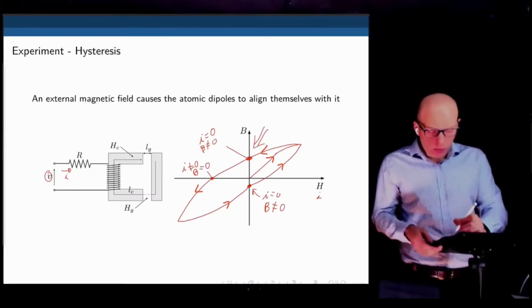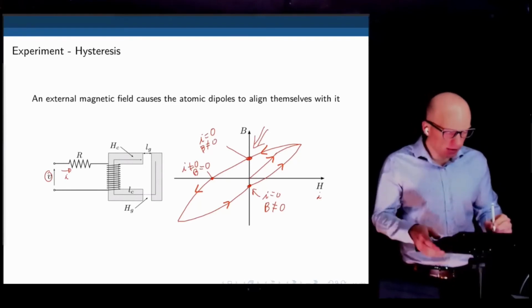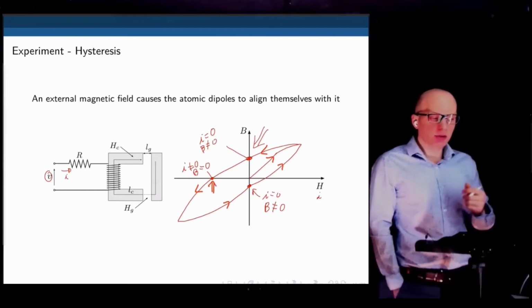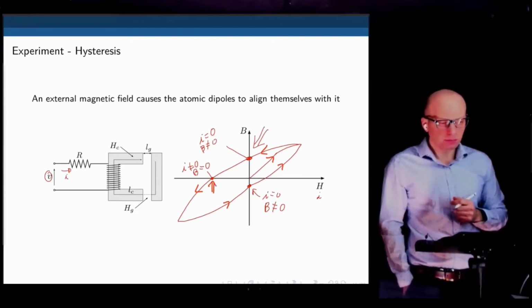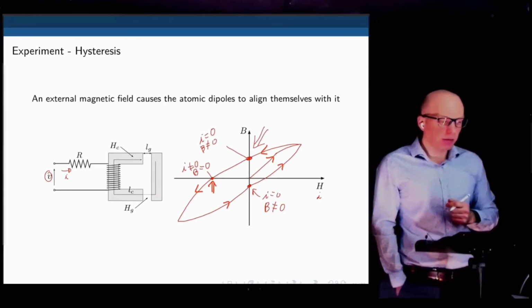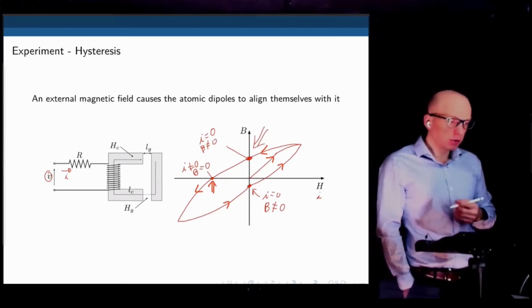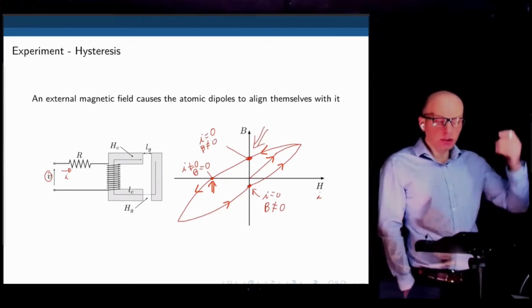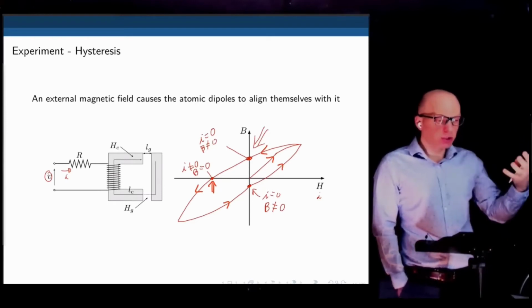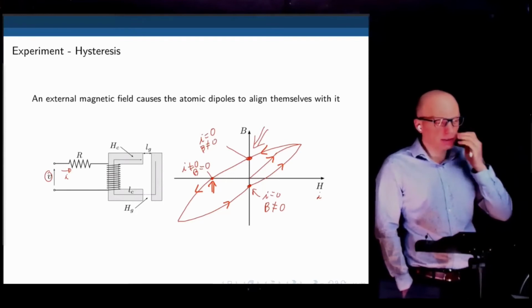Well, we can simply apply a reverse magnetic field and bring it to that point, and then turn off the current. Or we can apply a very high temperature to the material. That's called the Curie temperature. And when you reach a certain threshold, it demagnetizes the material.